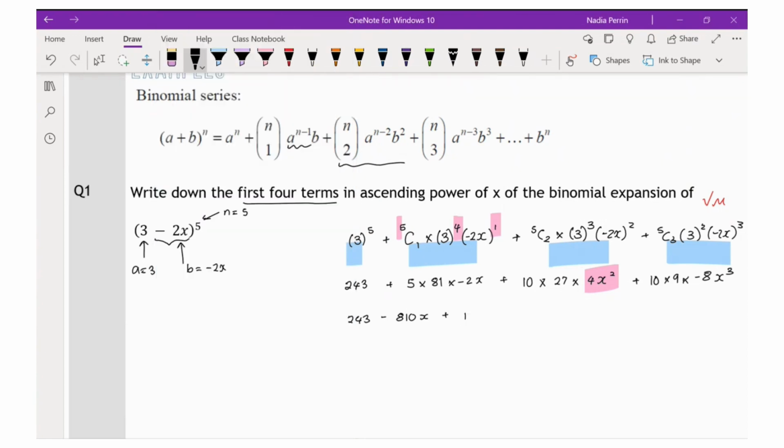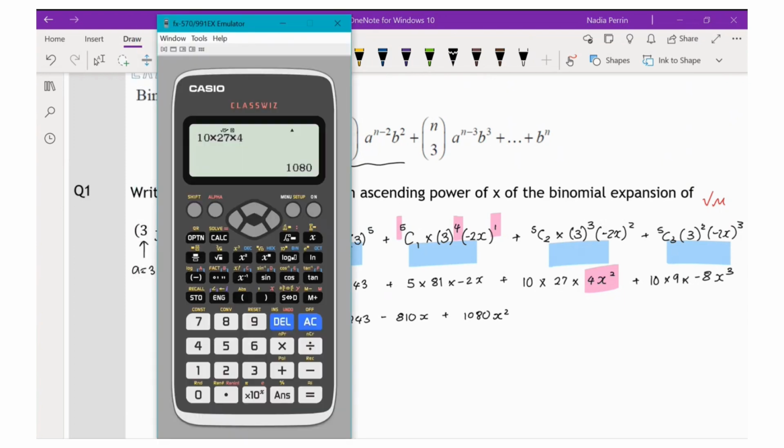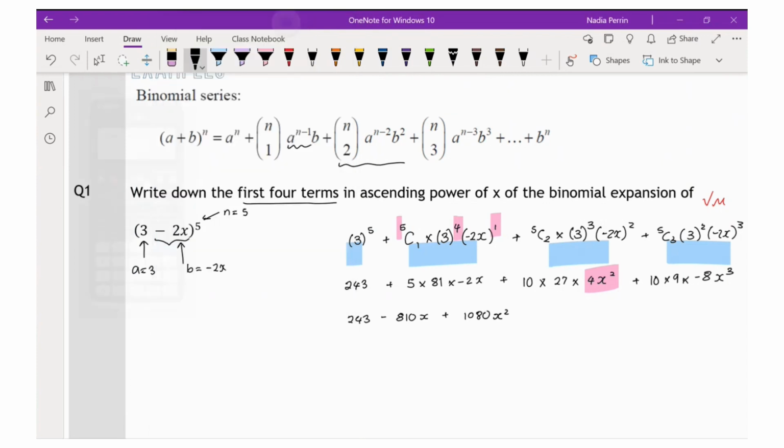So 1080, but it's x squared. And lastly, we have got 10 times 9 times negative 8. So we're going to have negative 720. And again, you'll notice the pattern. It's going positive, negative, positive, negative. Okay, so lots of nice patterns. Just take it slowly and try to be as accurate as possible. And just make sure you keep those brackets to help remember to square both elements of this.